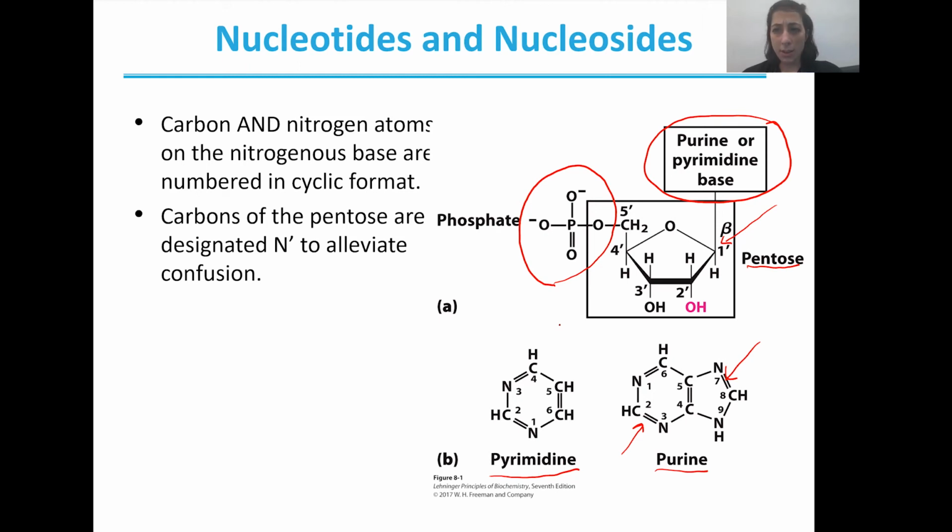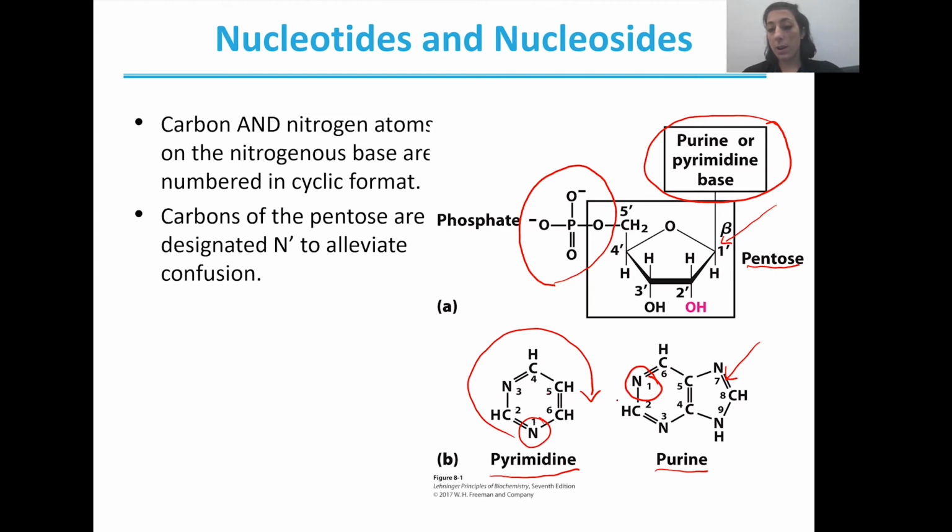Now, when talking about places of attachment on a nucleotide, we use a numbering system for the ring that is the nitrogenous base. And you can see starting from this bottom nitrogen here and going clockwise around 1, 2, 3, 4, 5, 6. On a purine, you can see the nitrogen here is nitrogen number 1.